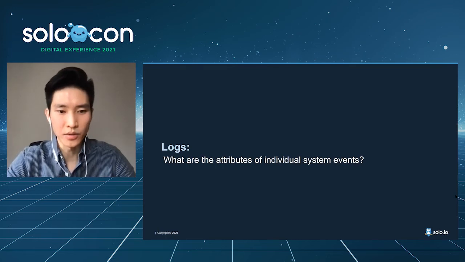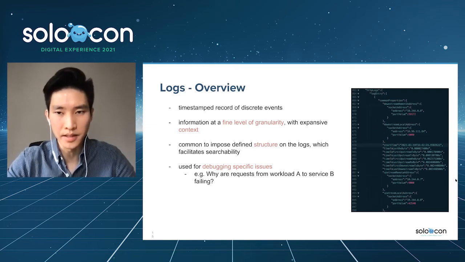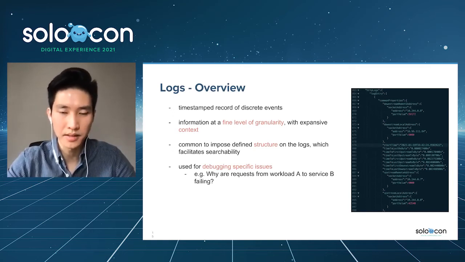Logs help us answer the question, what are the attributes of individual system events? More concretely, a log is a time-stamped record of a discrete event, and the specific event depends on how an application is instrumented, but common event types include network requests and responses, database operations, and other critical computations.